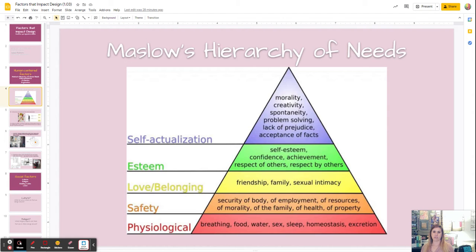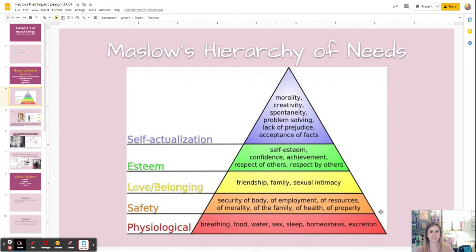He came up with this theory, his hierarchy of human needs, and it has to do with interior design because physiological and safety have to do with homes. So having a place to live makes you feel safe, and having those physiological needs.